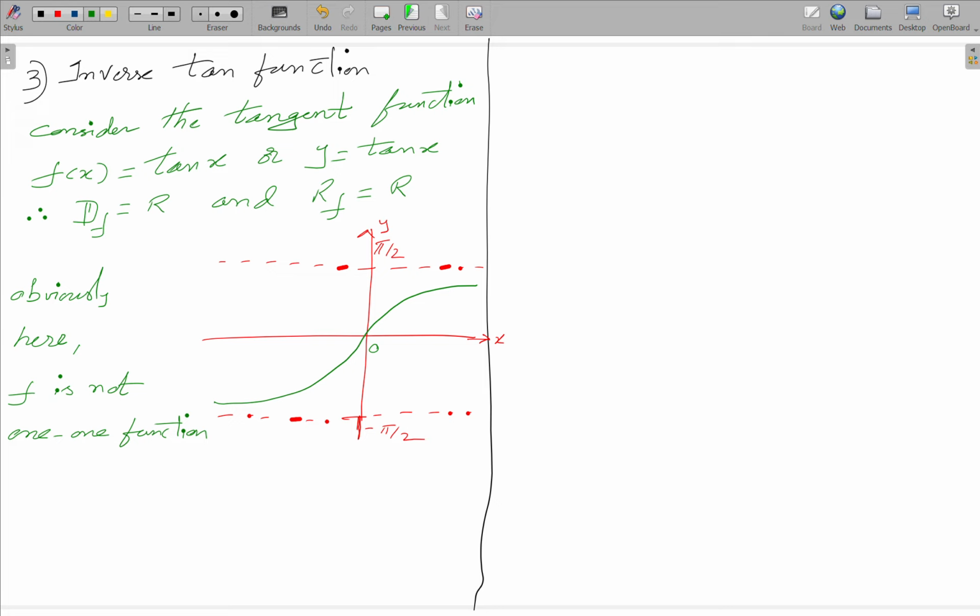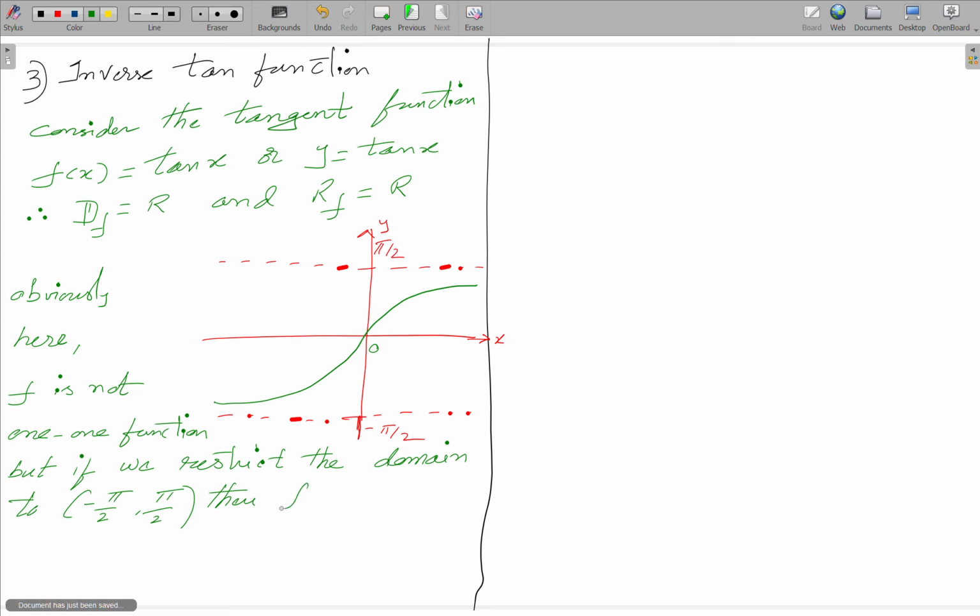F is not a one-to-one function, but if we restrict the domain to the open interval minus pi by 2 to pi by 2, then f is a one-to-one function.